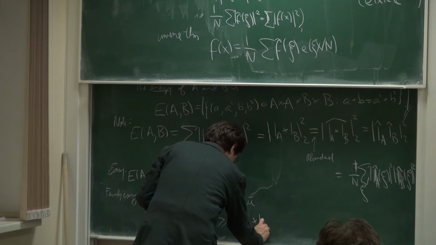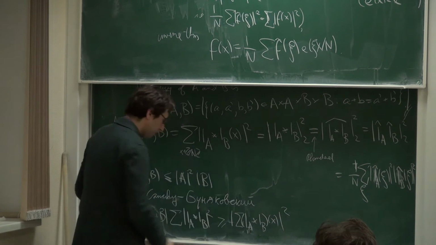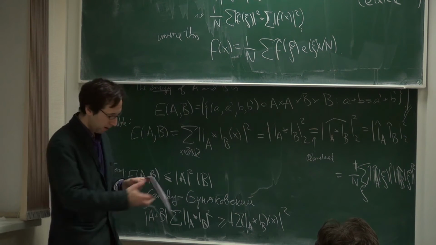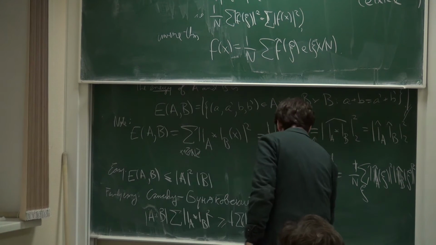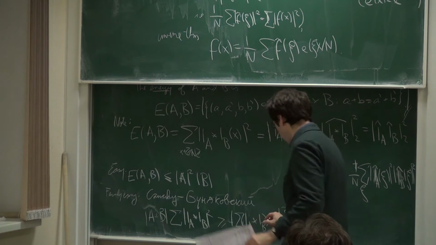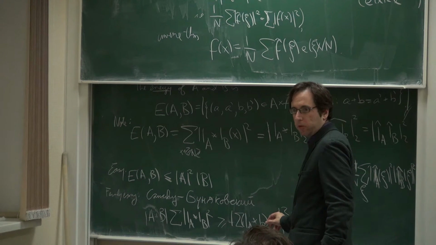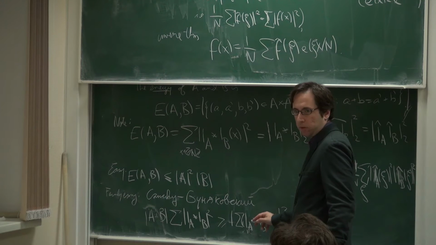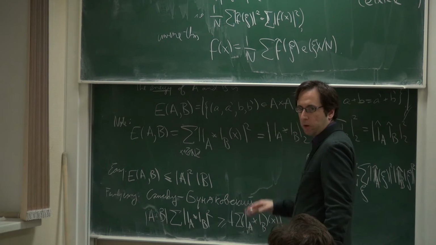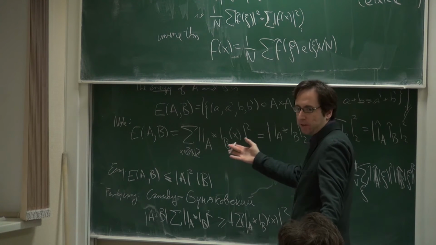It isn't hard. So this is just Cauchy-Bunyakovsky, and now, remember, the 2 is on the outside, and this sum just turns out to be |A| times |B|. Because it's just a sum of ways to write x as an element of A and an element of B, and you vary over elements x. So it's just the number of pairs (a, b).